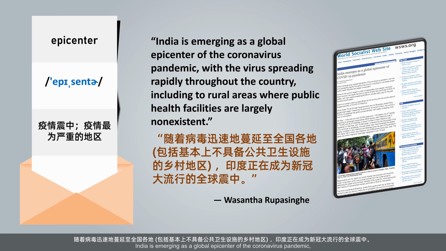India is emerging as a global epicenter of the coronavirus pandemic, with the virus spreading rapidly throughout the country, including to rural areas where public health facilities are largely non-existent.